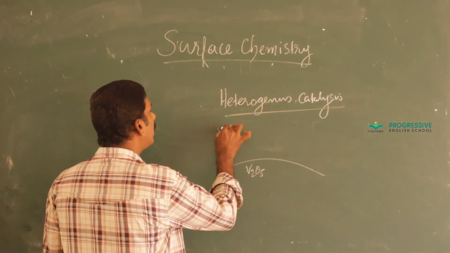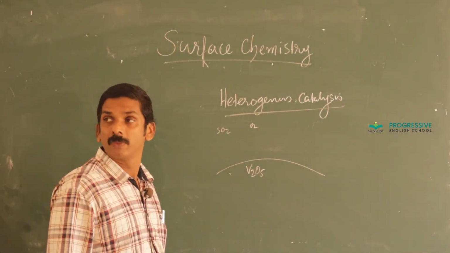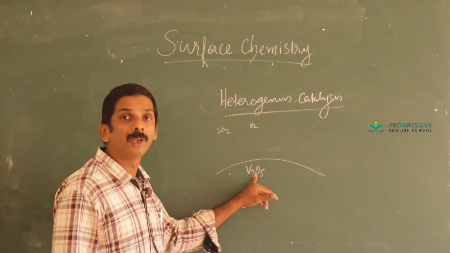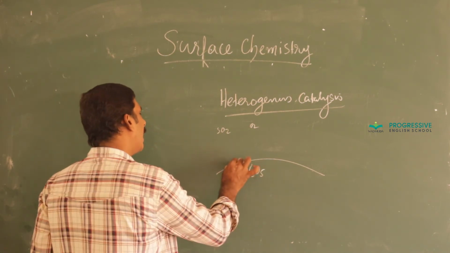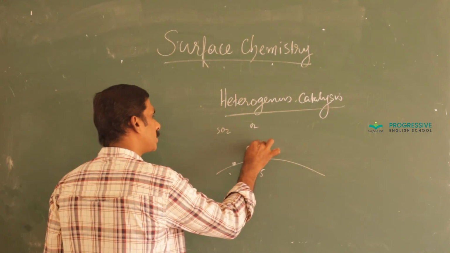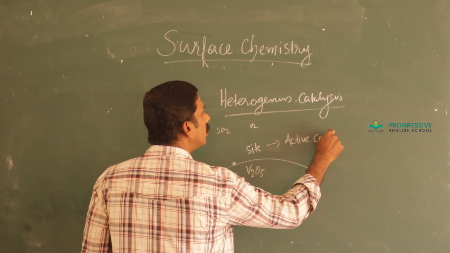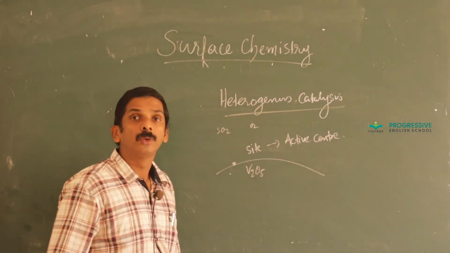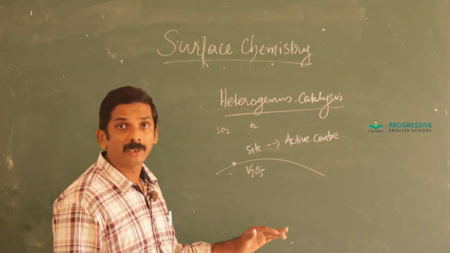The gaseous reactants, sulfur dioxide as well as oxygen, move to the surface of the solid catalyst, vanadium pentoxide, and act on a particular site, which is called an active center, to form a highly unstable activated complex.